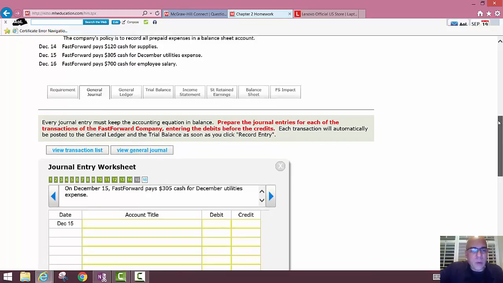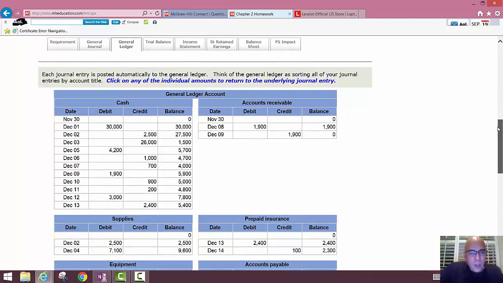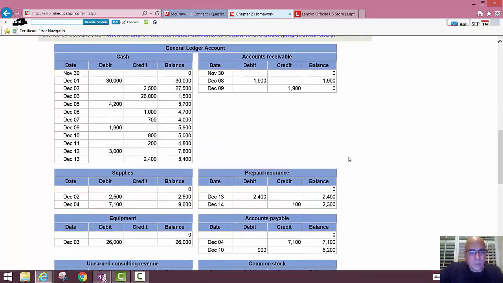But notice what happens. Let's look at my general ledger now. Let's see what they've done for us. We have in the general ledger, when we bought the insurance policy for $2,400, our prepaid insurance came up $2,400.